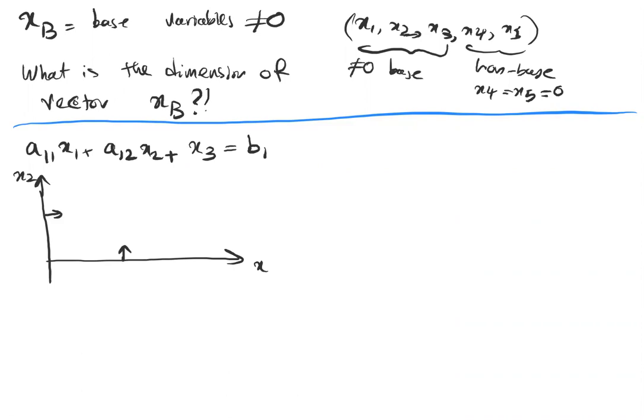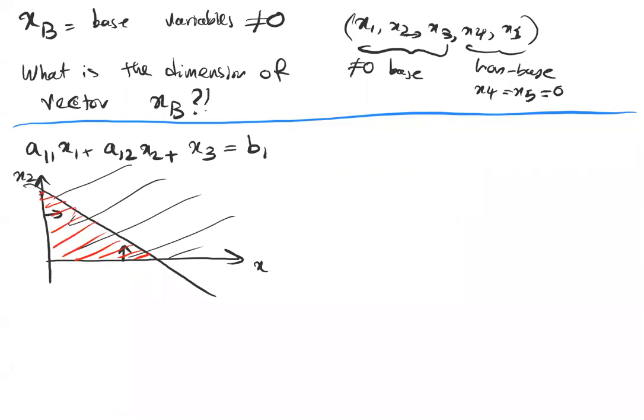So your feasible region is in this area. And then I'm going to try to represent this line, a11 x1 plus a12 x2, something like this. So this is going to be our ultimate feasible region. Now the question that we have here is, where is our optimal answer? Our optimal answer is going to be somewhere at the corner, either here or here.